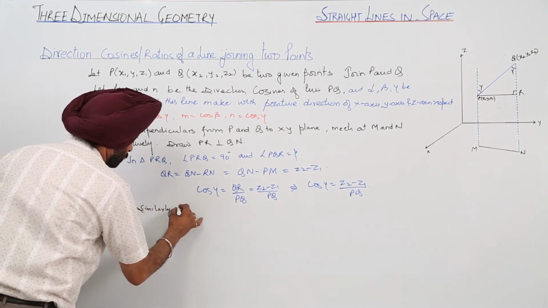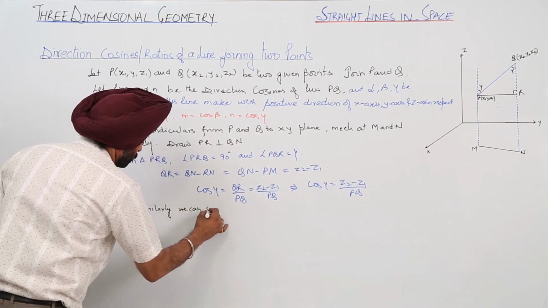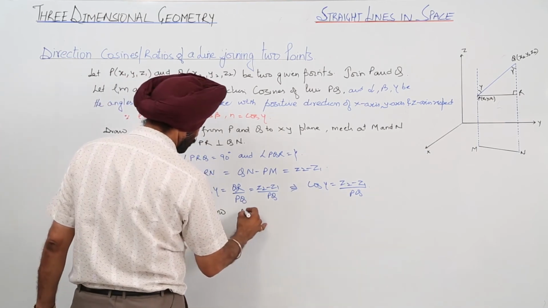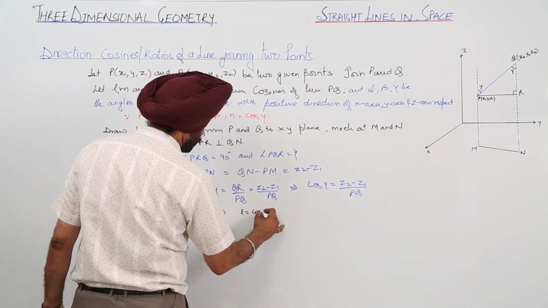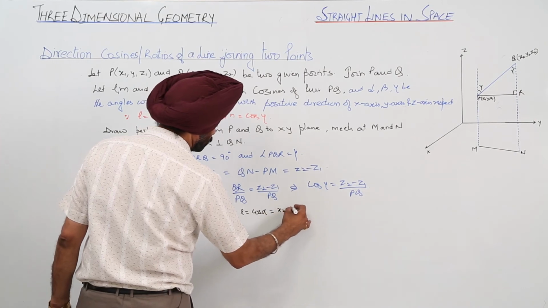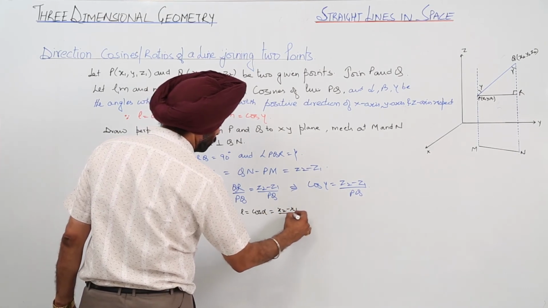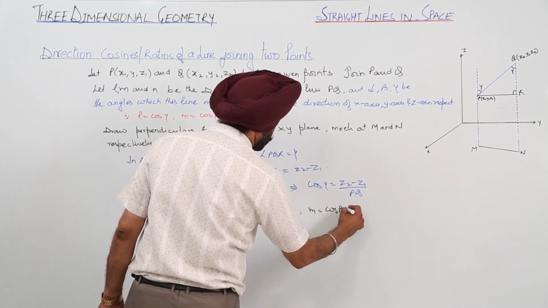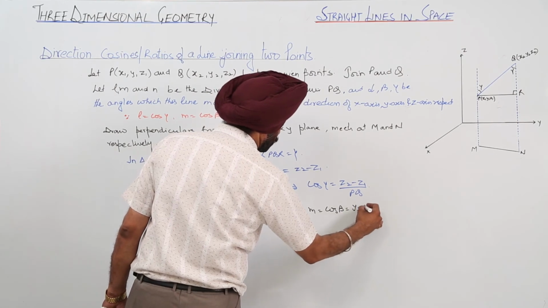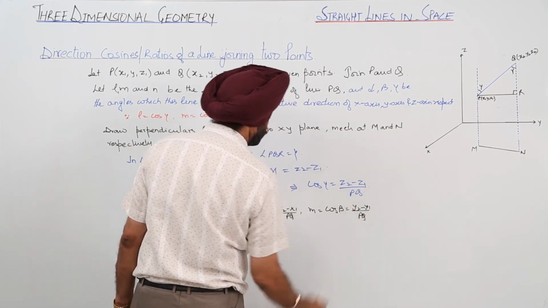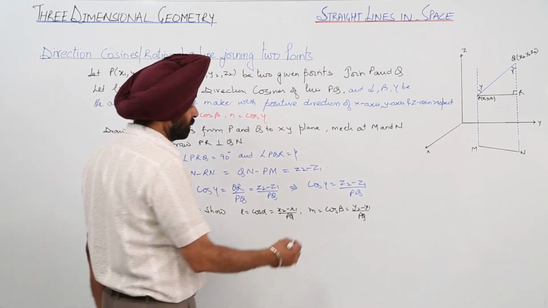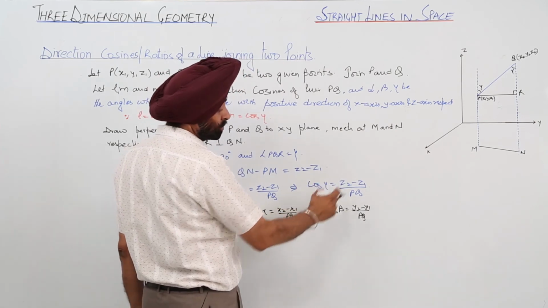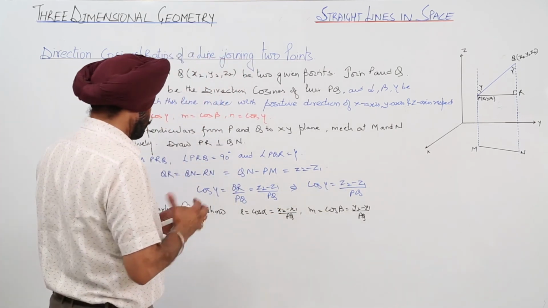Similarly, we can show L is equal to cos alpha, x2 minus x1 upon PQ, M is equal to cos beta, y2 minus y1 upon PQ, and we have already proved that cos gamma, that is N, is equal to z2 minus z1 upon PQ.